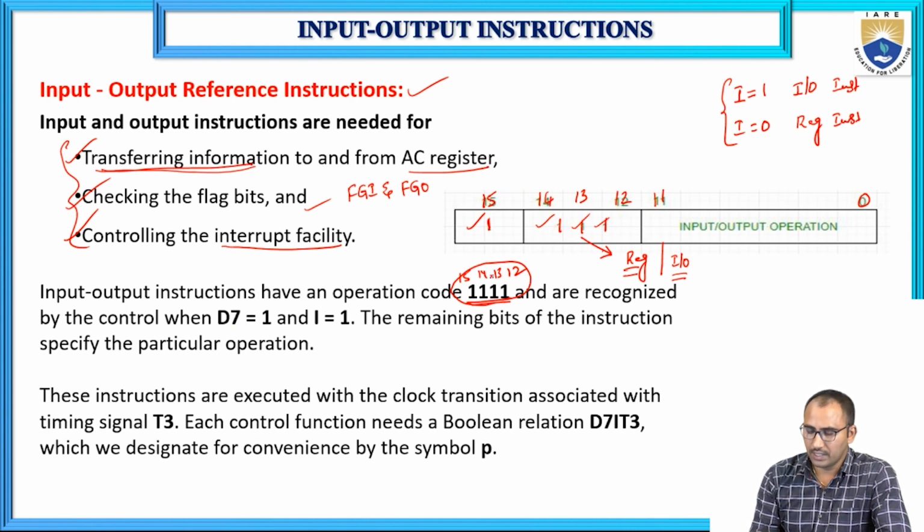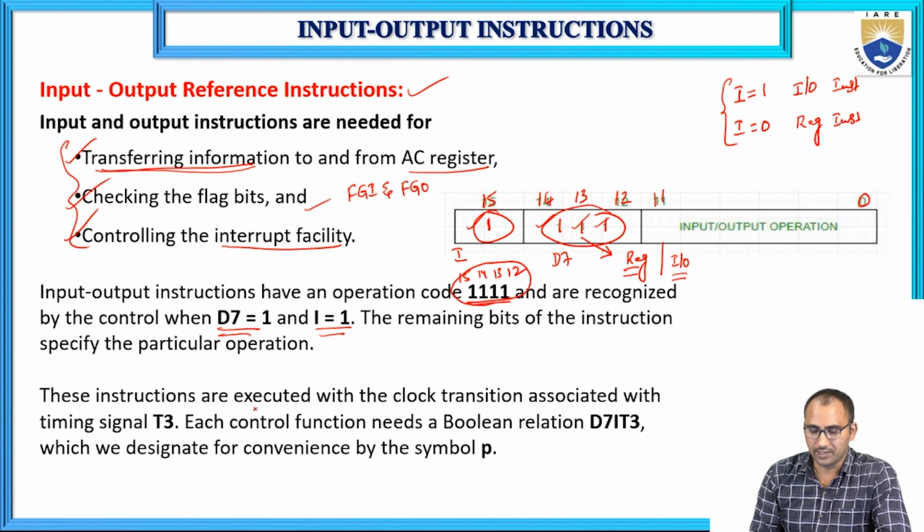That means D7 is equal to 1 and I is equal to 1. So D7 and I should both be logic 1, and then those instructions are considered input output reference instructions.